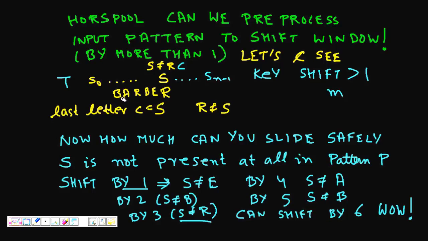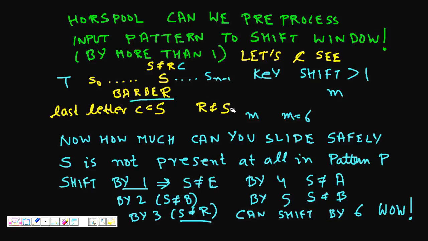So it means that if the character C is not present at all in the pattern, then you can directly make a shift of how much? Of M. Here M is equal to 6, because 1, 2, 3, 4, 5, 6, its length is 6.